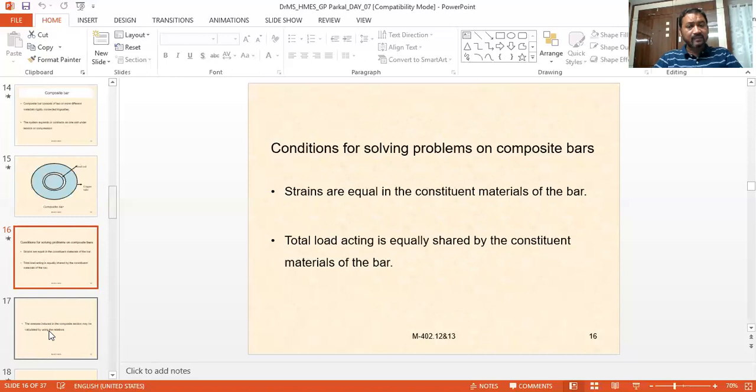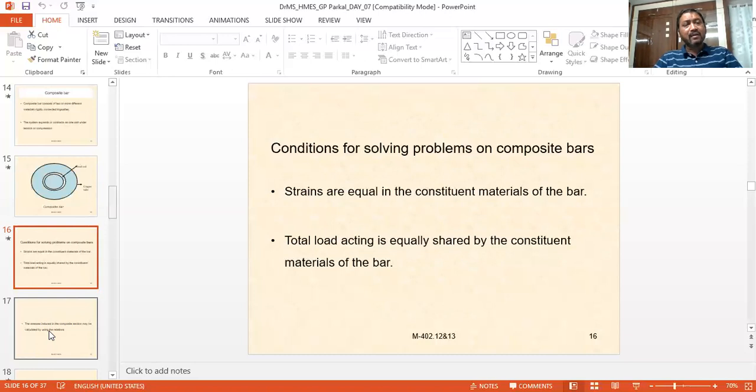The second one is that the total load acting on the composite bar is equal to the sum of the loads shared by the constituent materials of the bar. That is, the total load acting on the bar is nothing but the sum of the load shared by the steel rod plus the load shared by the copper tube.